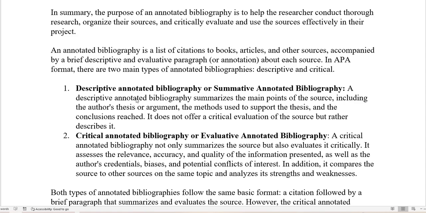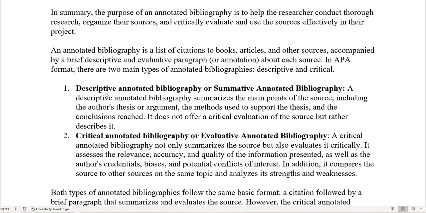A descriptive or summative annotated bibliography summarizes the main points of the source, including the author's thesis or arguments, the methods used to support the thesis, and the conclusions reached. It does not offer a critical evaluation of the source, but rather describes it.